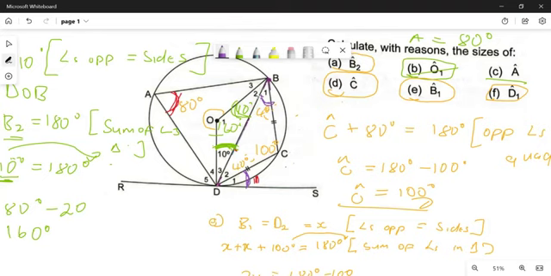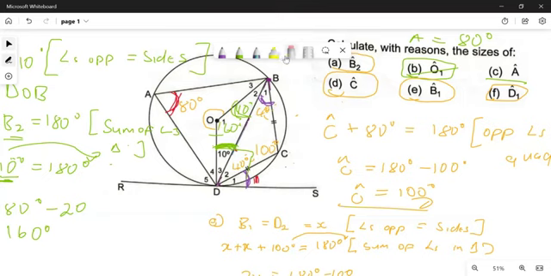You want us to use the following: if we go from here up until here, this is going to give us 90 degrees. Okay, let's use that.